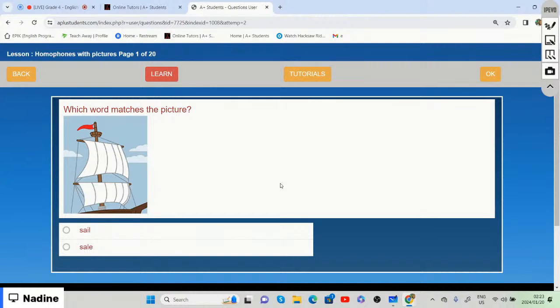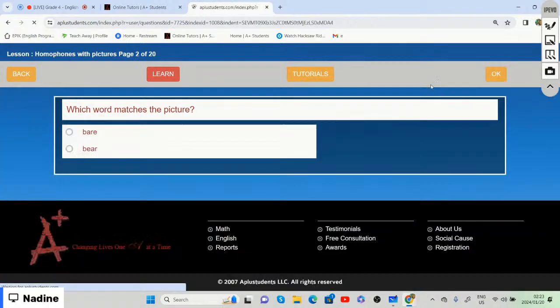Is it option one, sail, or option two, sale? If we choose the correct word to match the picture, then we're going to say it is sale. And sale is correct.